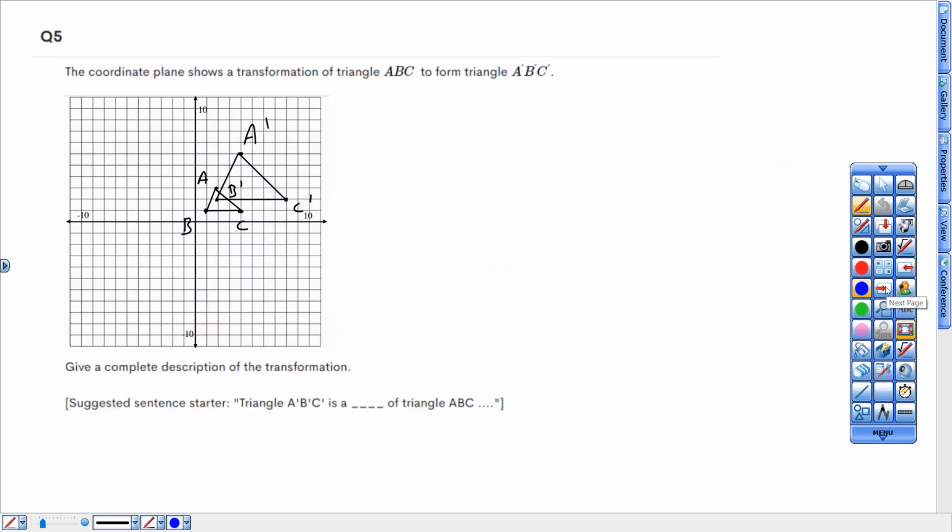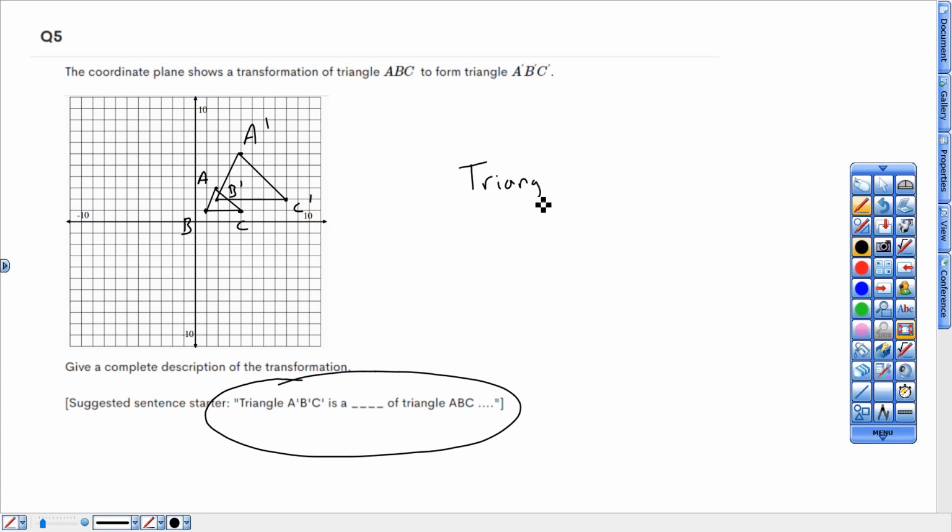Number 5, we want you to describe this transformation. It is growing, so it's a dilation. They give you a sentence starter, so I would use that exactly. Triangle A prime B prime C prime is a, and then make sure you write this.